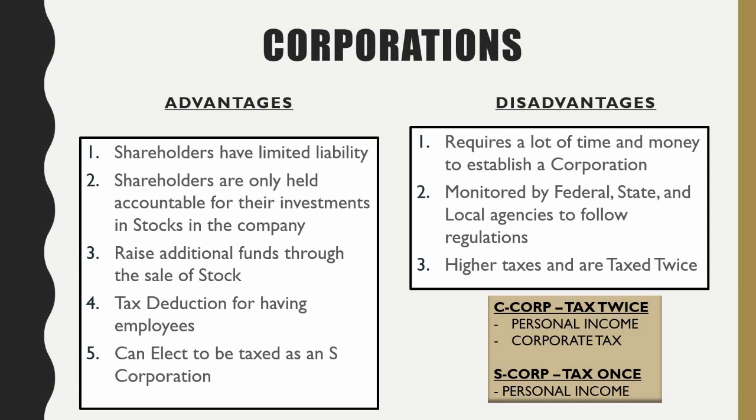Number two, all right, monitored by the federal, state, and local agencies, okay? So again, with corporations, you're always going to hear corporations are evil. Corporations are people who just want money and only. They don't care about anybody. All right? Yes, you can hear lots of things like that.